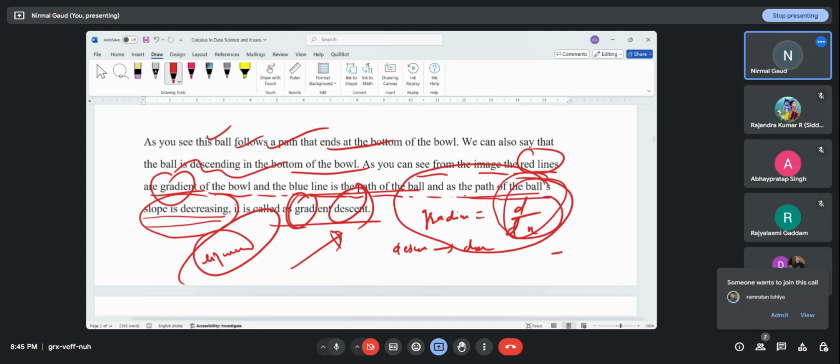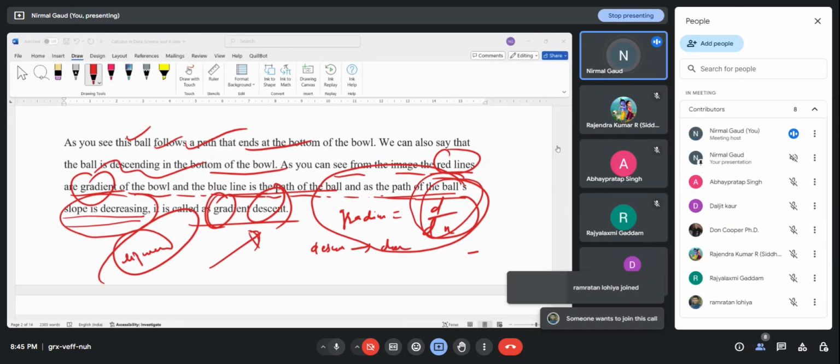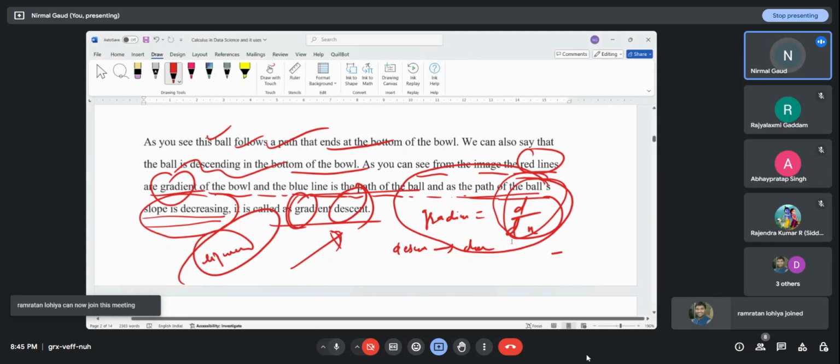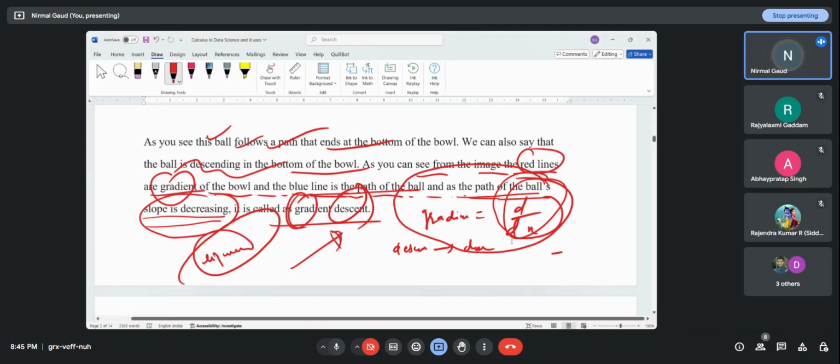This is the slope. It is decreasing as you are going down, and because it is decreasing, that's the reason I have put the minus sign for descent. So remember, gradient descent is negative, the slope is decreasing.